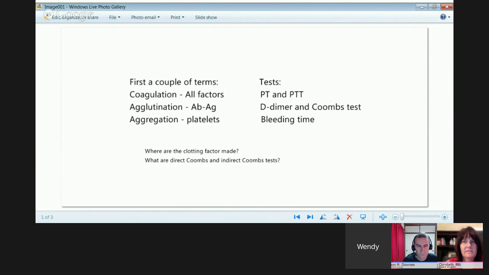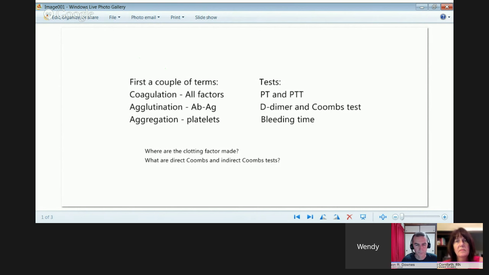When we talk about agglutination, we're talking about the attachment of antibodies to antigens. And when we talk about aggregation, we're talking about platelets. There are different tests for each one of those things. Those are all a little bit different.